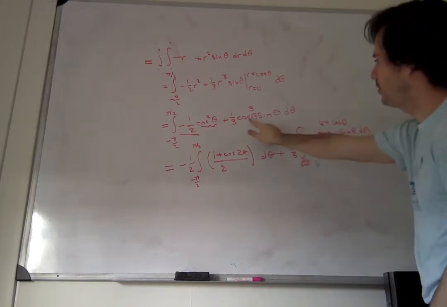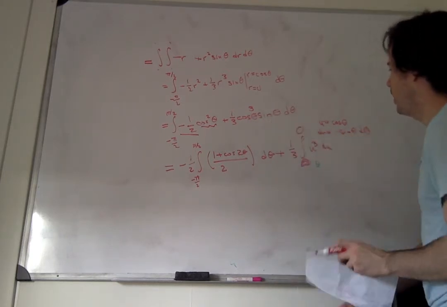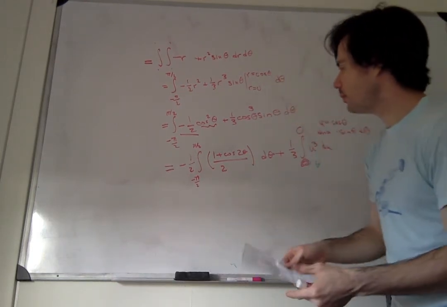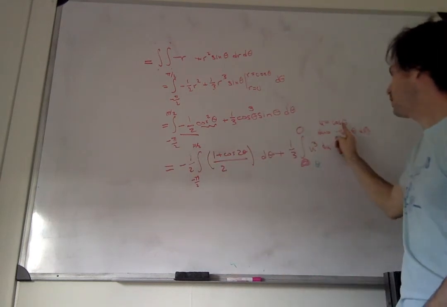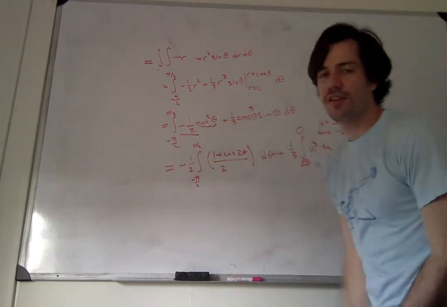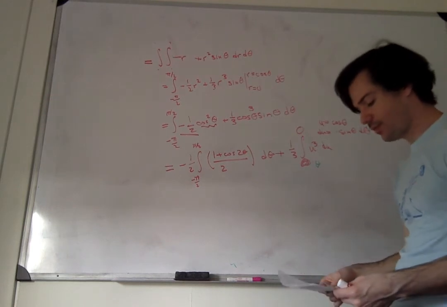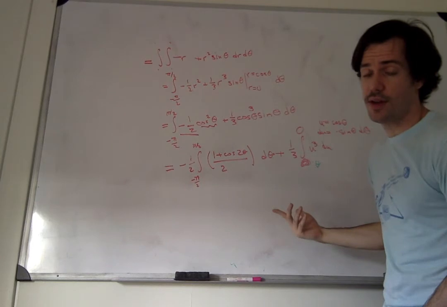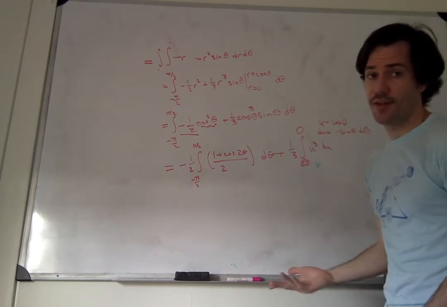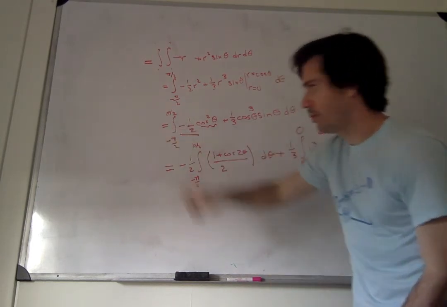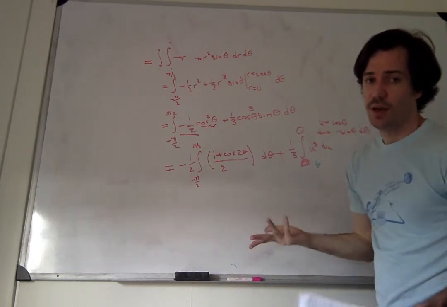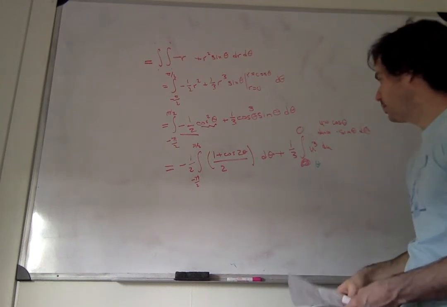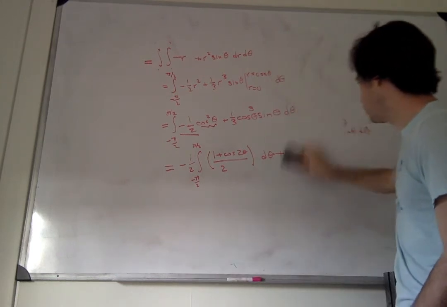When I plug in negative pi over 2 into cosine, I get 0. When I plug in positive pi over 2, I also get 0. Or another way of saying it is, you don't even need to know what the value is. Cosine's an even function, and since those are the same number off by a minus sign, when you put them into cosine, it's going to evaluate the same thing. So basically, that second term is just going to go away.